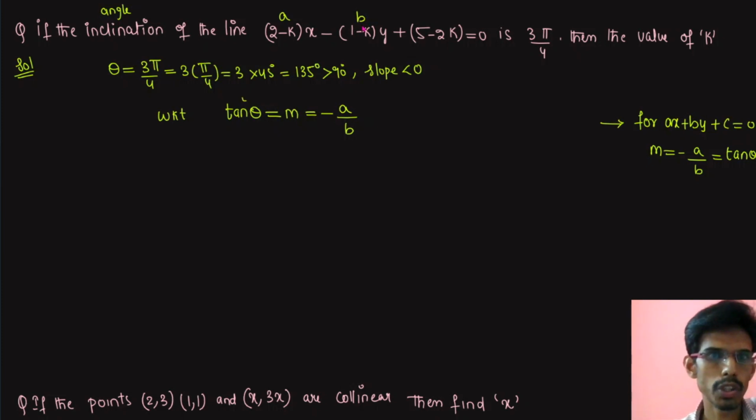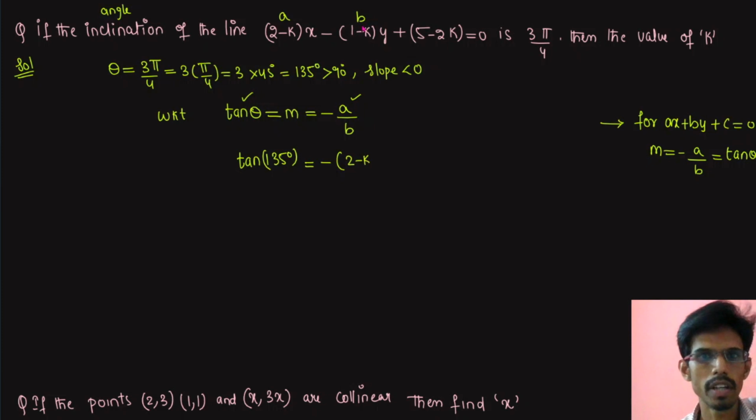Now put these two values. Here we have tan 135 degrees is equal to minus of a, which is 2 minus k, the coefficient of x, by b, the coefficient of y. Now these two will get cancelled.